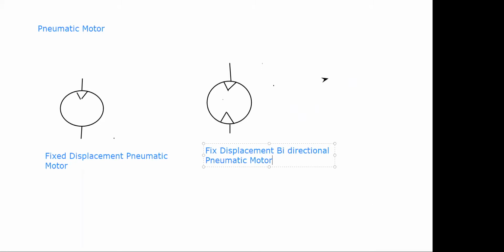Okay. Now we are going to see some other symbols of flow control valve and flow control region. We are going to see the symbol for the air dryer.